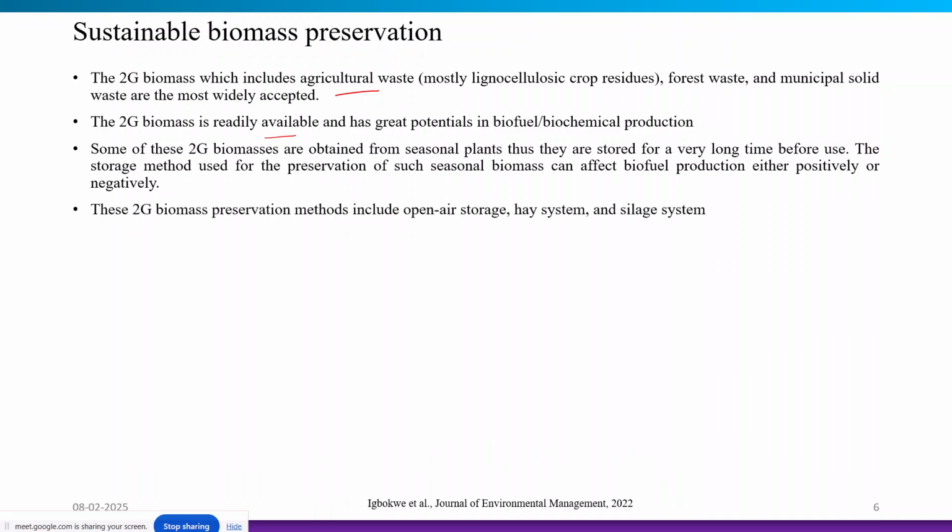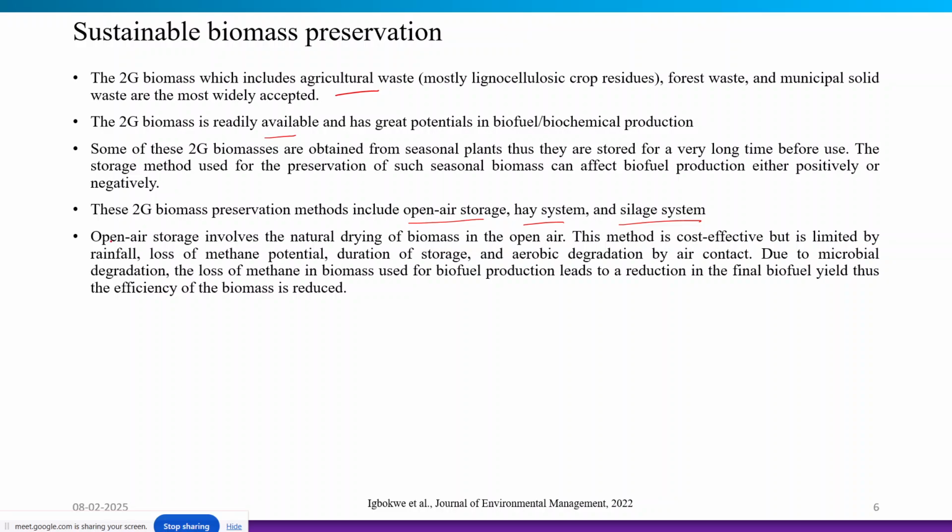Storage plays a huge role in the energy efficiency of that biomass. So the second generation biomass preservation methods include open air storage, which is widely used, the hay system, and the silage system.